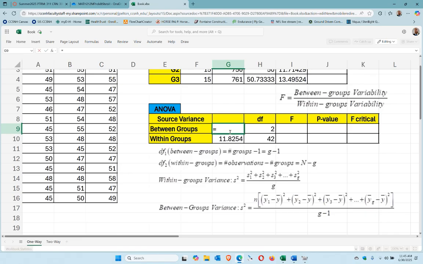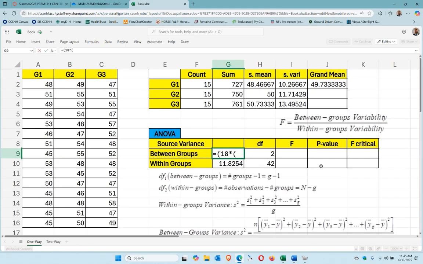So equals, parentheses, so we're going to put the 15, because it's 15 per group, times, and then we want a second set of parentheses for all of these individual, which we only have 3 in this case.